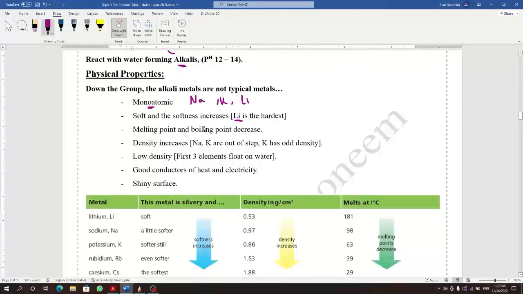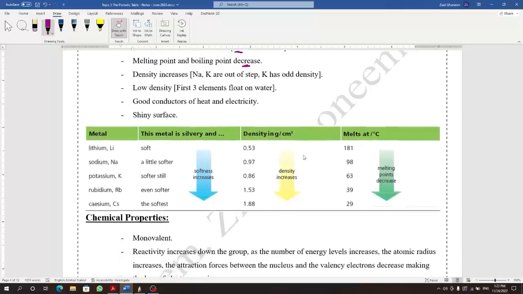Their melting and boiling points decrease down the group. Their densities increase. Sodium and potassium are out of step. What does that mean? If we look here, we have the densities of some of the group 1 metals: lithium, sodium, potassium, rubidium, and cesium. The densities are 0.53, 0.97, 0.86, which is really strange.